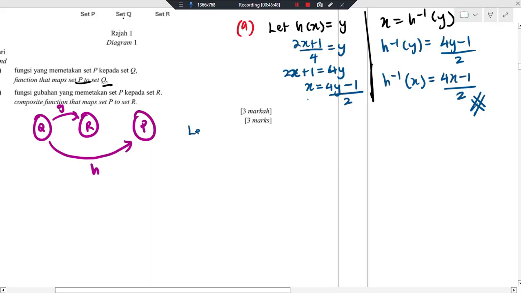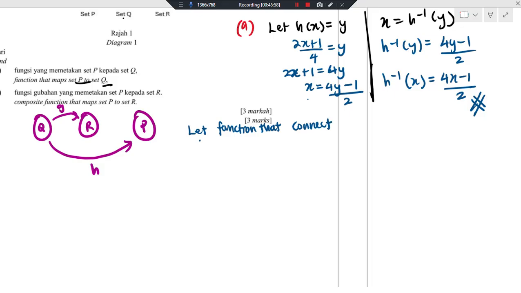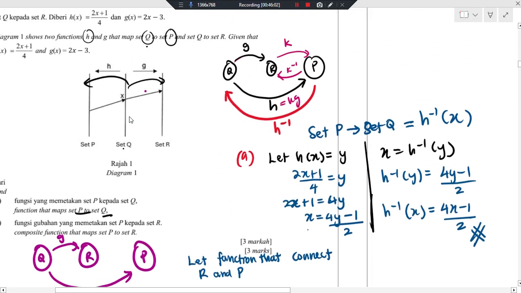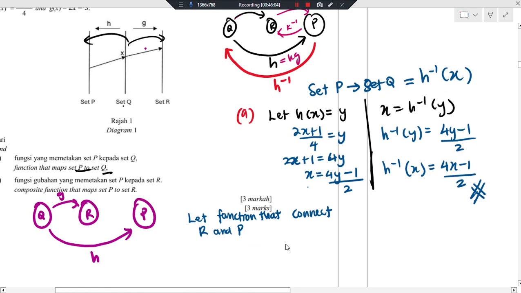Connect set R to set P is K. Let's say this is K. So, your H should be KG, right? Tapi soalan, dia bukan nak R kepada P, dia nak P kepada R, tahu tak? Maksudnya kita kena dapatkan K inverse. So, no choice. What we can do, kita cari K dulu.